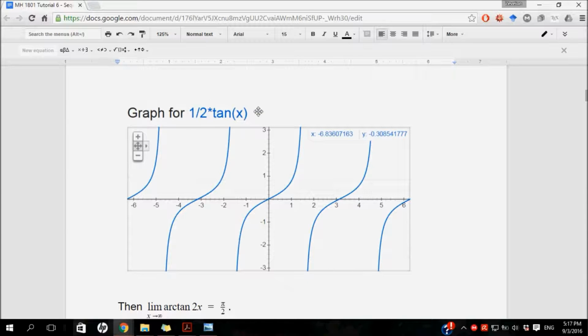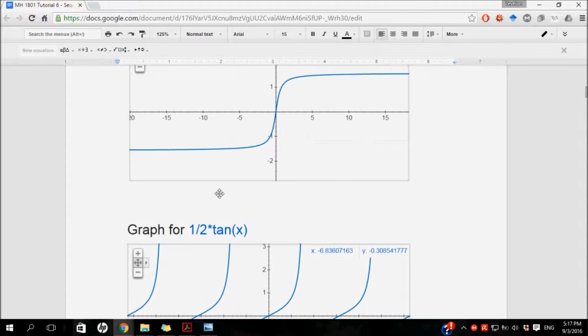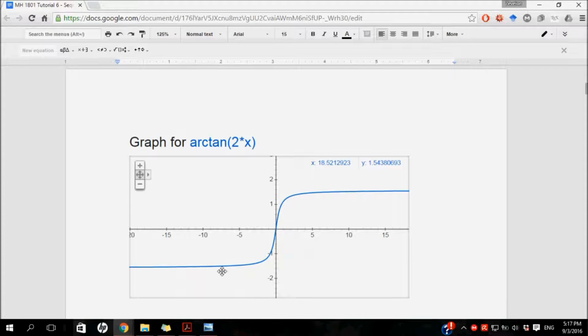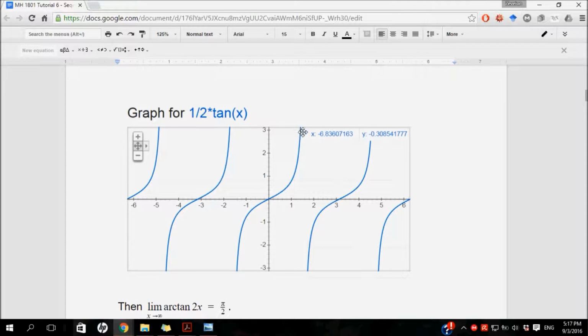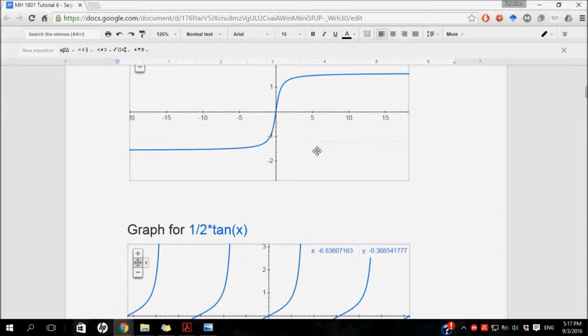This part of the graph, because the tangent function is periodic, but in this case we are only interested in the part from minus pi over 2 to pi over 2. If you reflect this about the line y equals x, then you will get this graph for arctangent of 2x.